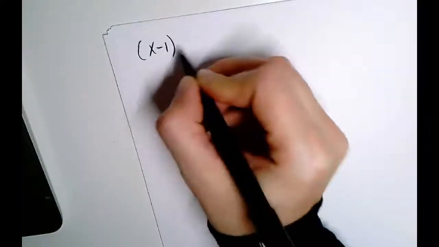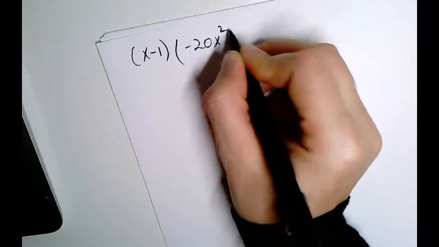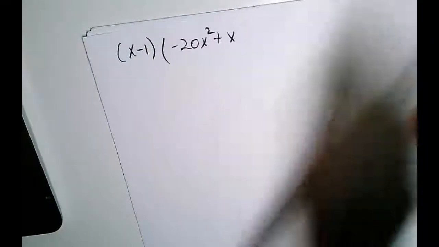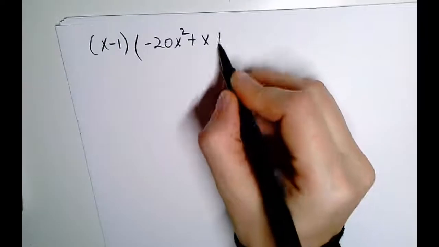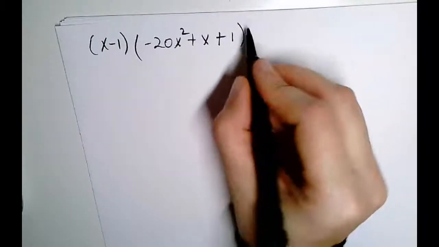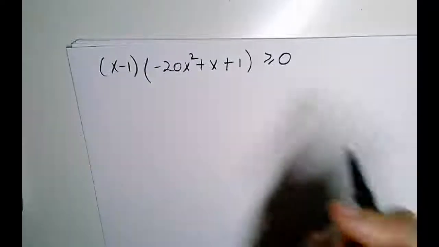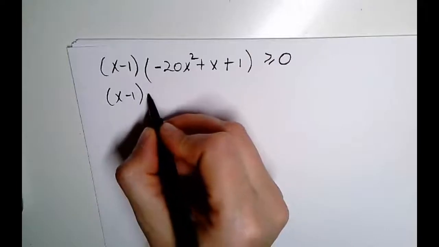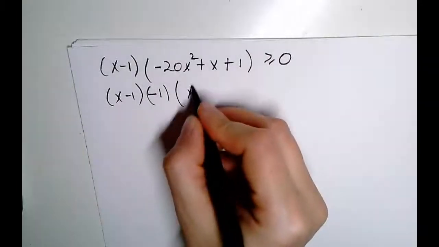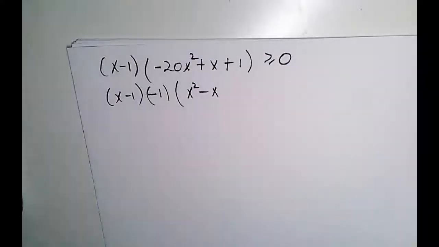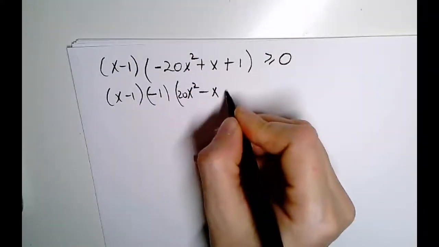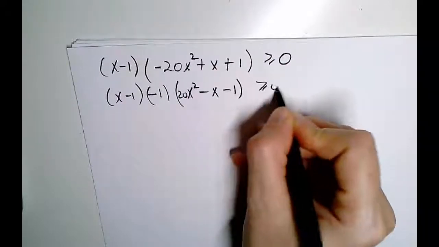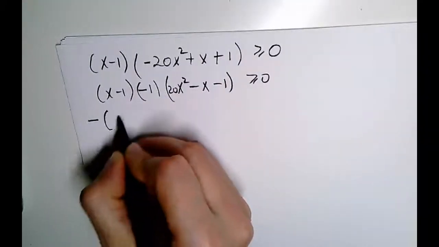There's a lot going on in here. So far I have x minus 1 times negative 20x squared plus x plus 1. I want this to be greater than or equal to 0 because it was underneath the square root. If I factor out a negative 1, I'll have 20x squared minus x minus 1, and I can pull out the negative in front.